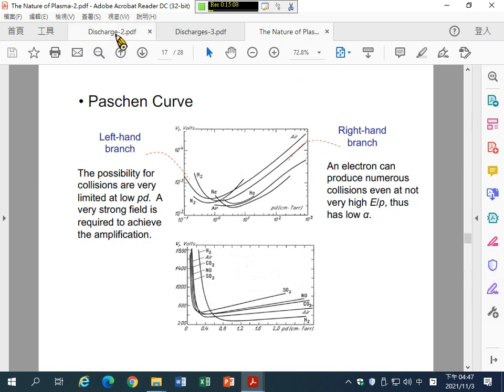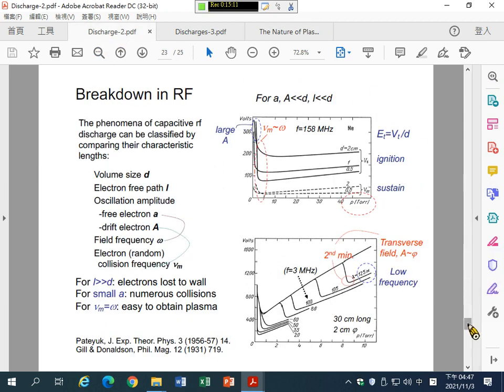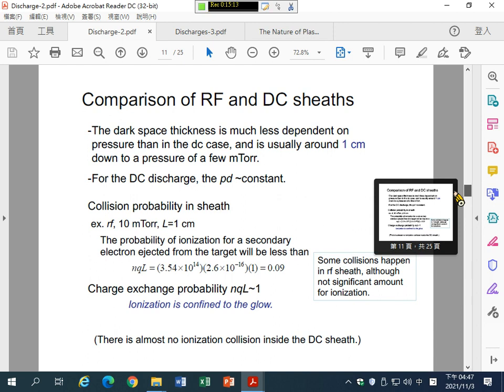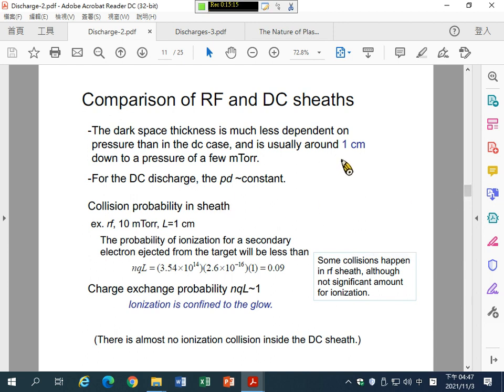In RF discharge, the sheath or the dark space thickness is around 1 centimeter if the pressure is kept at a few millitorr.